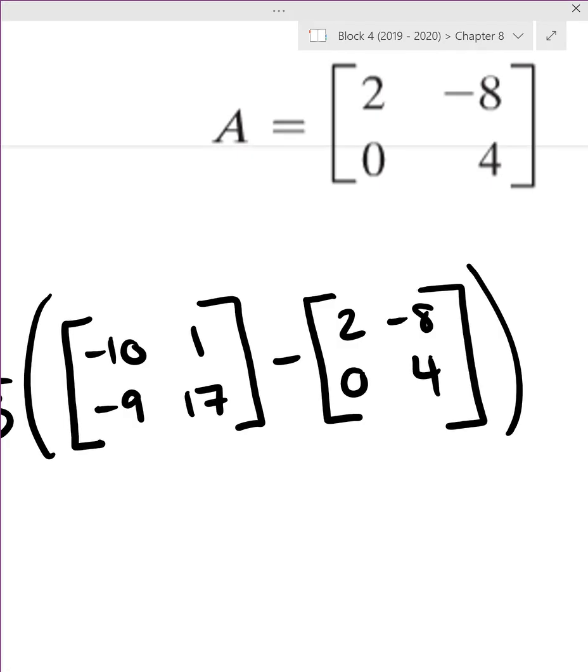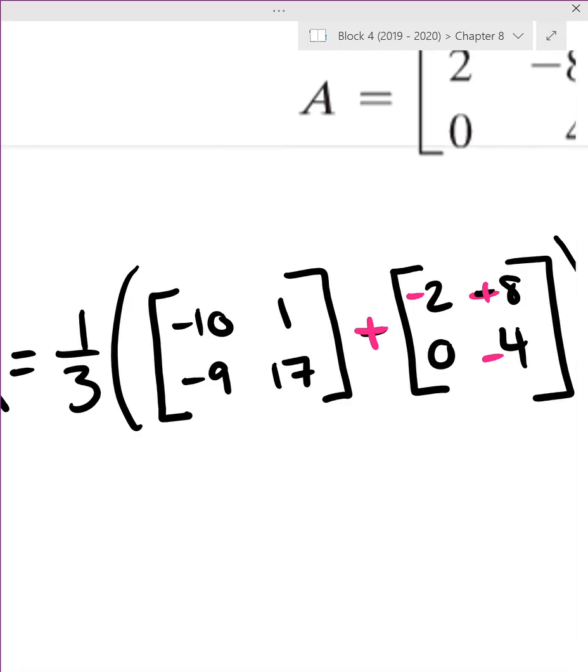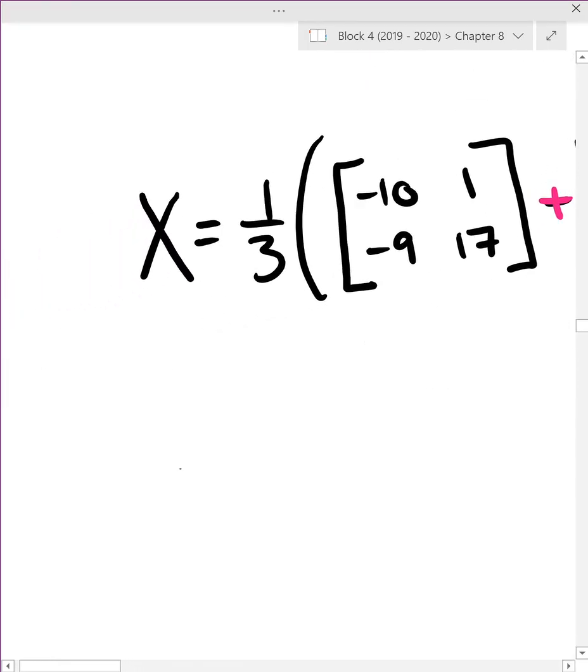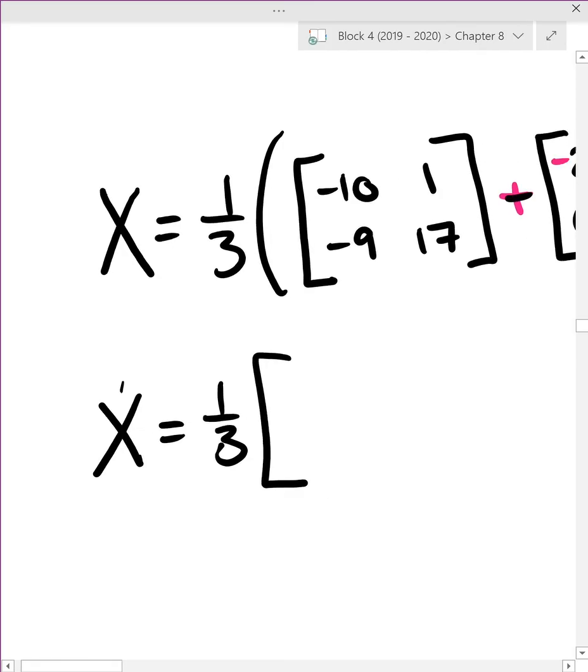And now I'm going to change the signs. This has to be plus, this is minus, this is plus, this is minus. I need to make an addition before I add. And then I get x equals 1/3 times, what matrix do we have?